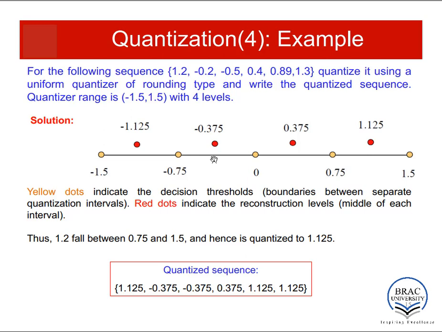Also, if we calculate the probability, we will see that the probability of the error being any value from minus delta by 2 to delta by 2 is exactly the same. It can be minus delta by 2, it can be delta by 2, it can be delta by 3, delta by 4, or 0. The probability of the error being any of these values between minus delta by 2 and delta by 2 is exactly the same.